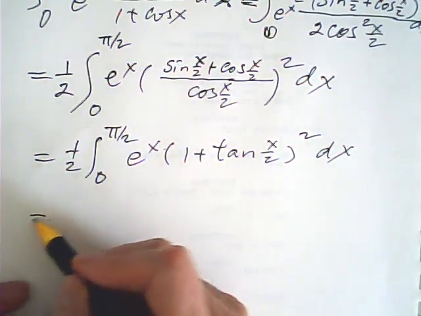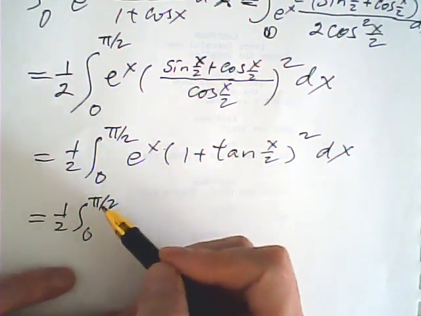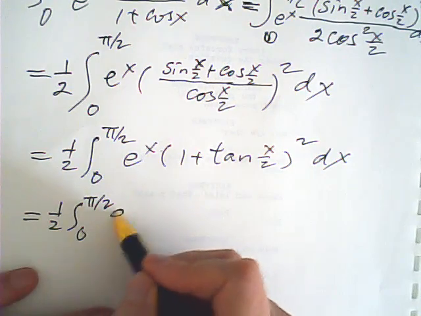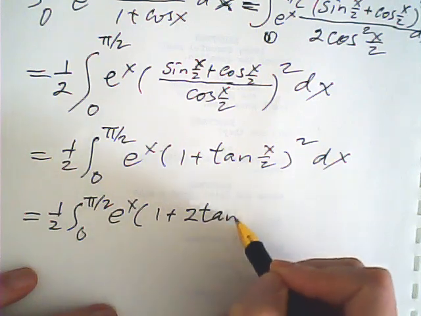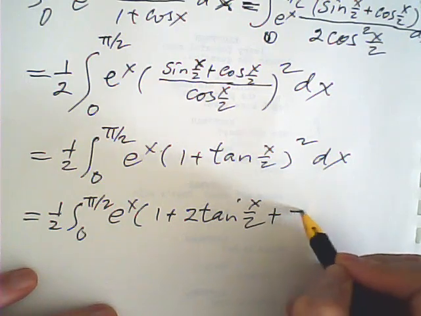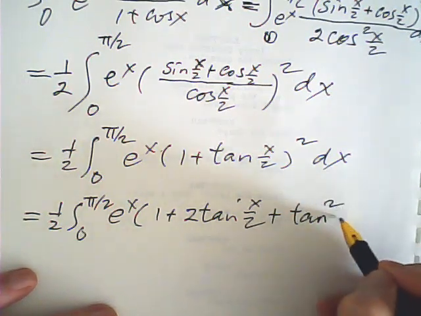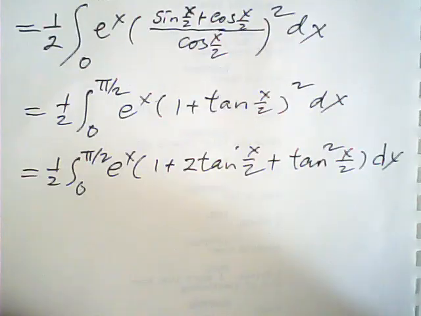Yeah, this equals 1/2 e^x times 1 plus 2 tangent half x plus tangent square half x dx.